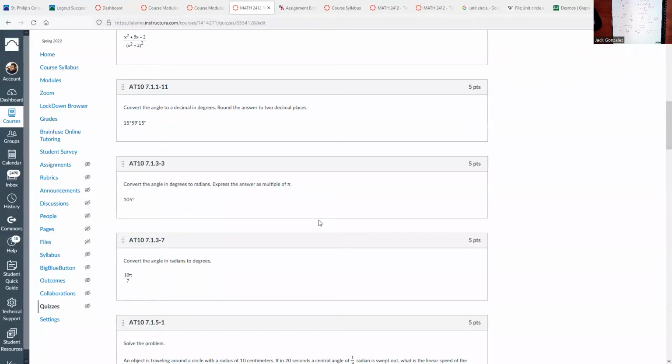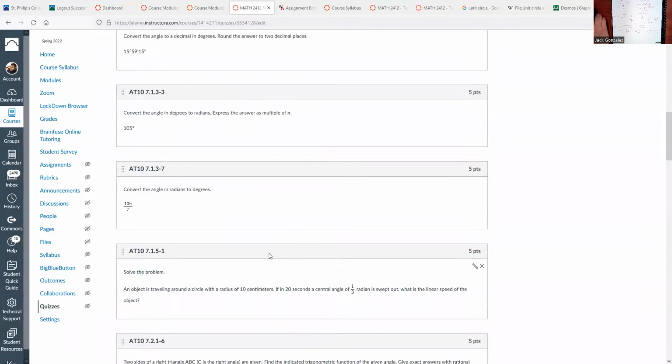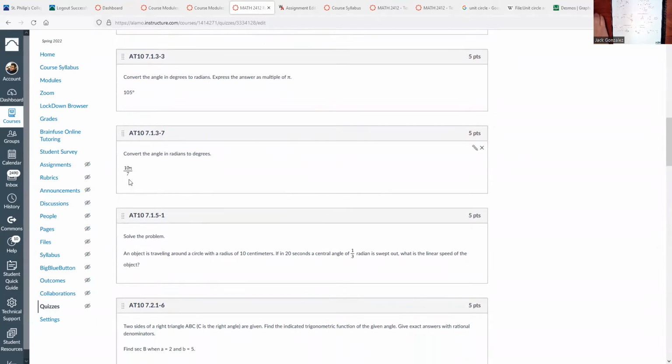Okay. So this one is the other direction. You go from radians to degrees. So you would multiply by 180 degrees over pi. Instead of pi over 180, you flip it. Is that 10 pi over 7?